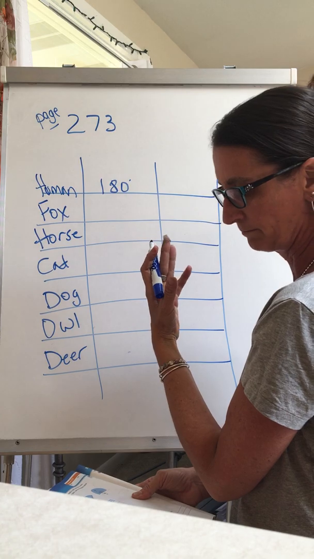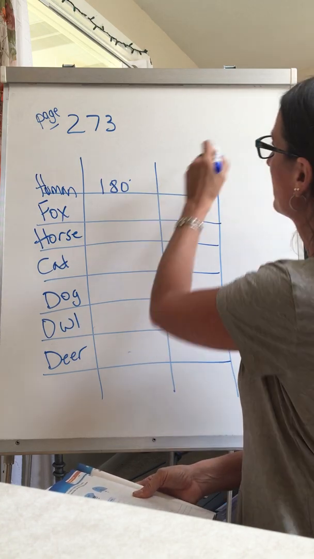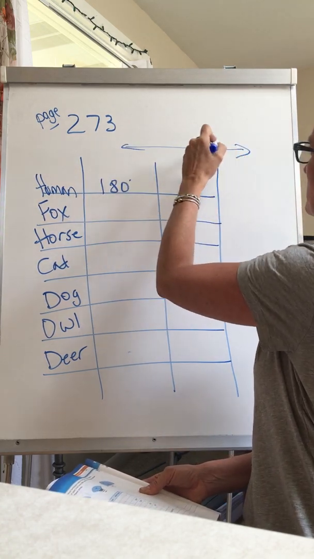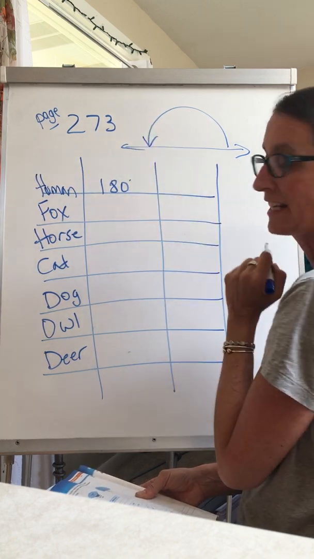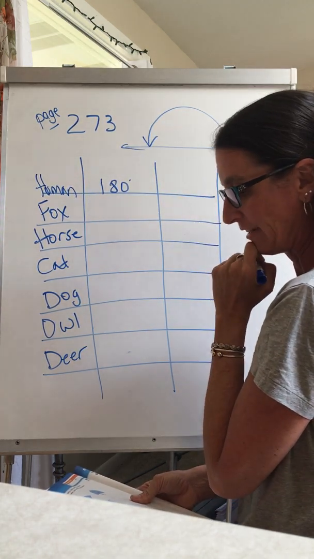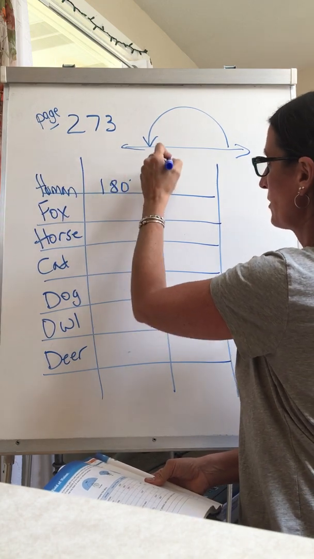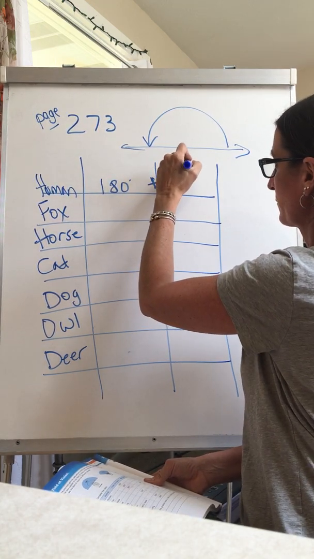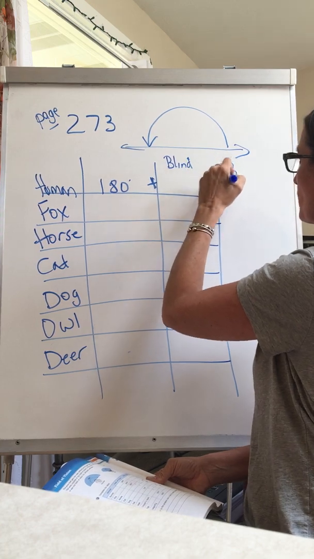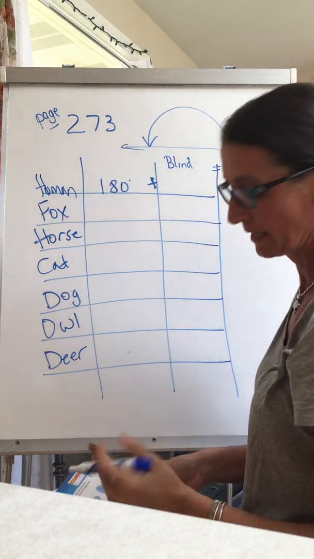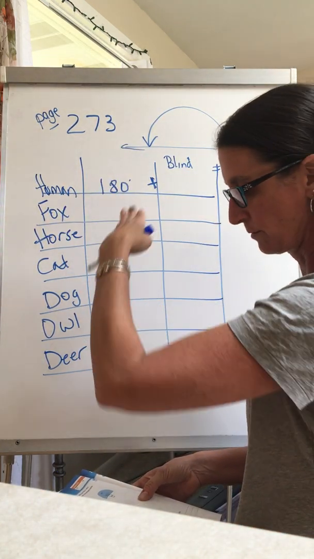that field of vision, they've got all of this. That human can see all of this. So they can see 180. And you need to know that field of vision plus the blind part should equal 360, because that's the full circle again, right?